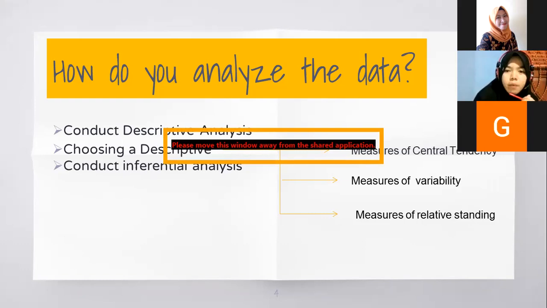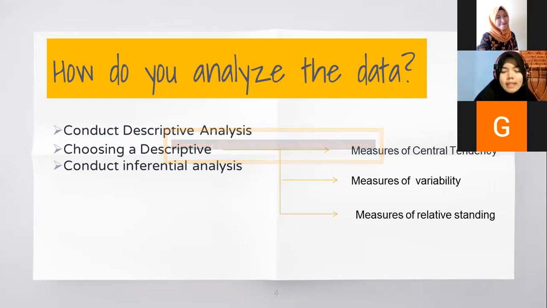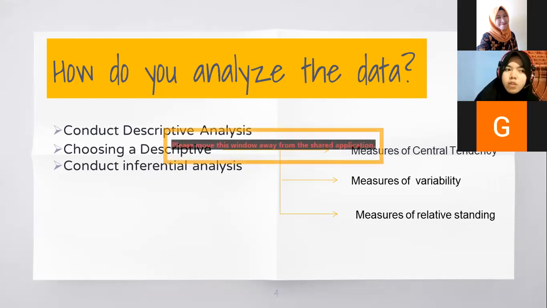When we want to conduct descriptive analysis, we should choose a descriptive tool, and it will help us summarize the overall data. It will also provide information about how varied the scores are, and where the score stands in comparison with other data. And in descriptive analysis, there are three statistical procedures that can be used.